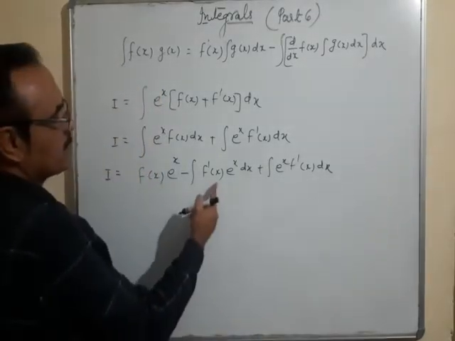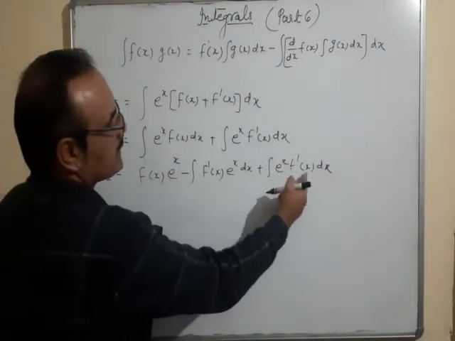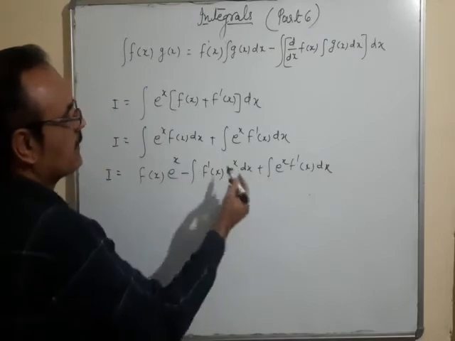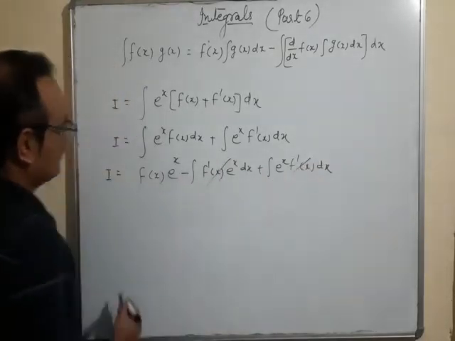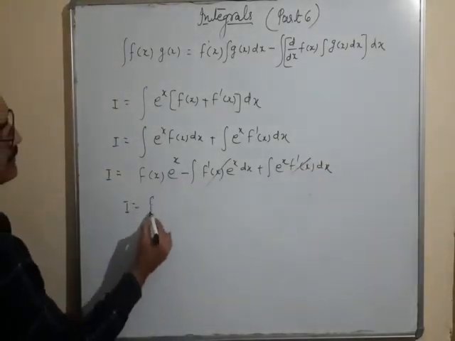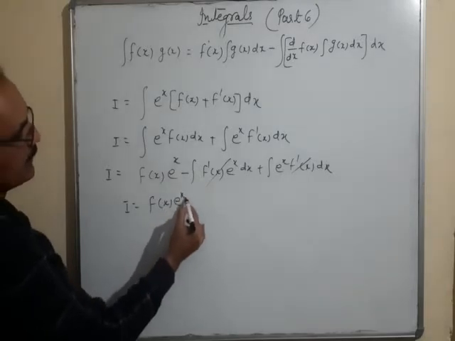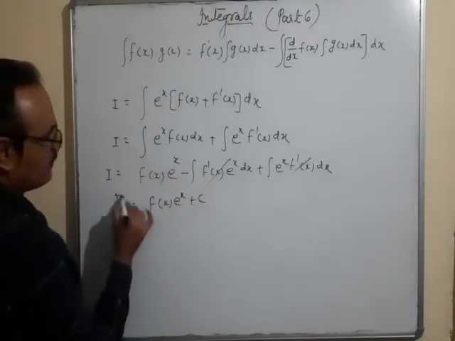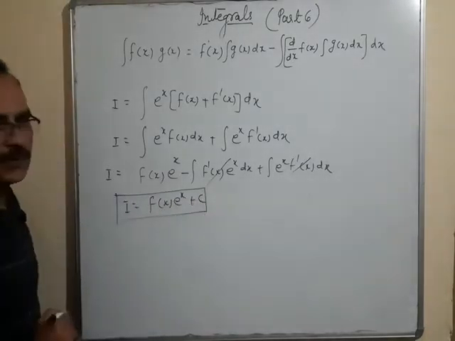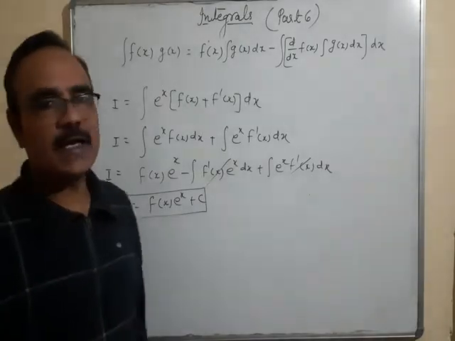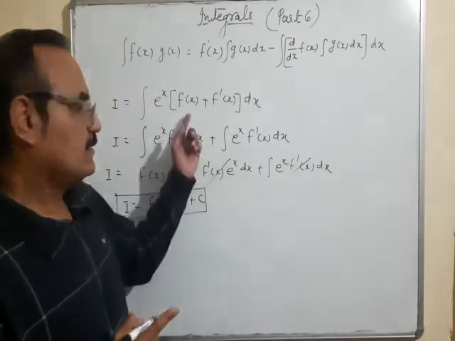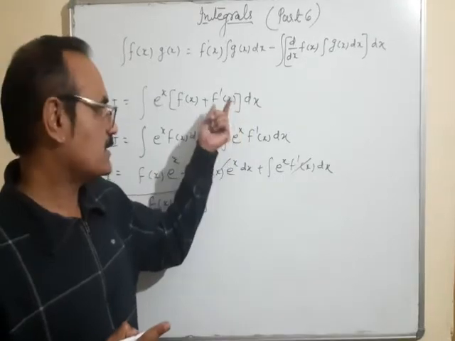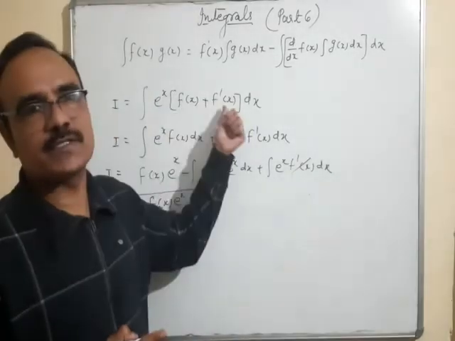You can see f dash x e to the power x dx appears twice, with a minus sign and a plus sign, so they cancel. So the final result is I equals f of x e to the power x plus c. You will remember this special case also. If e to the power x is there, then the first term is the function, and the second term is the differentiation of the first.